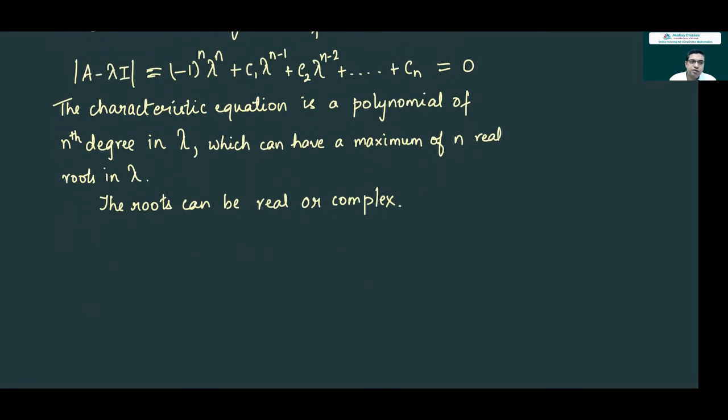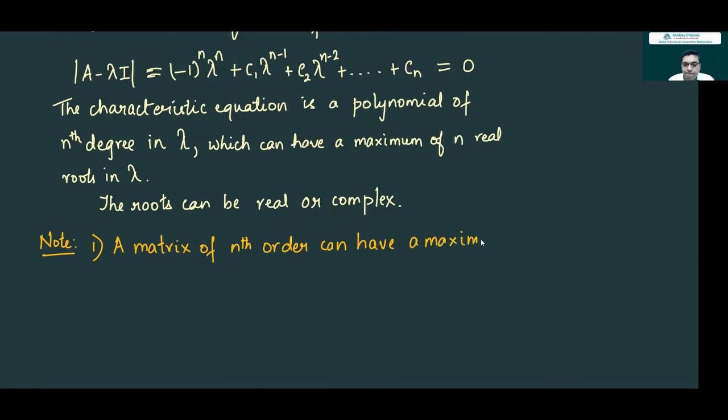So, important note: a matrix of nth order can have a maximum of n eigenvalues, because the values of lambda are eigenvalues.